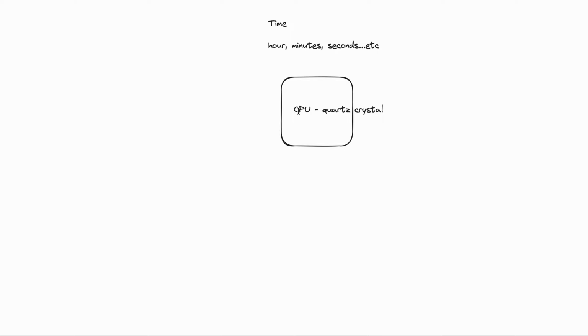The time that is given by the CPU is called monotonic time. Monotonic time will never be set backward, it only goes forward. It starts when the machine boots up, and it goes forward.